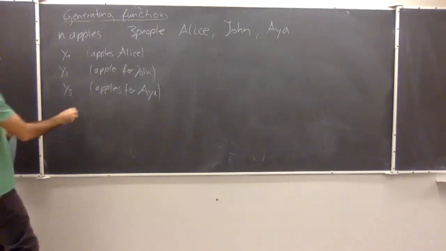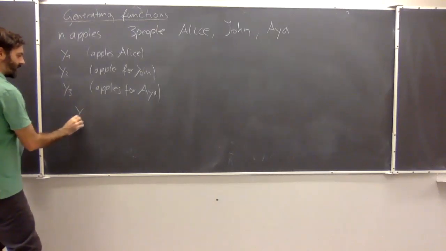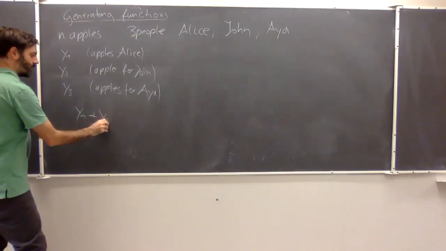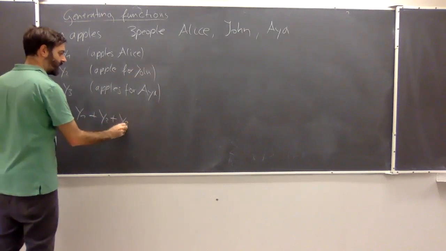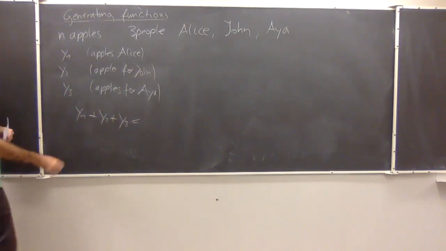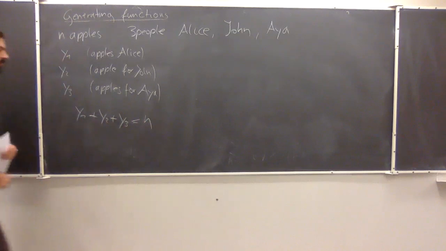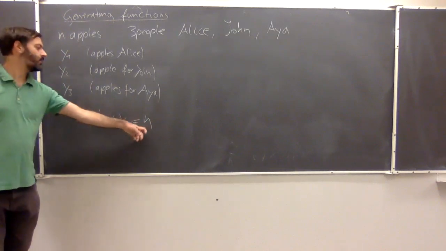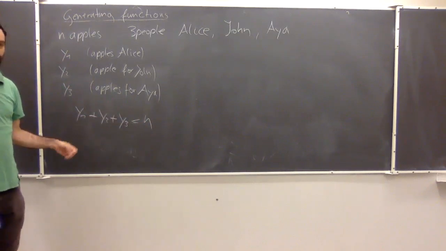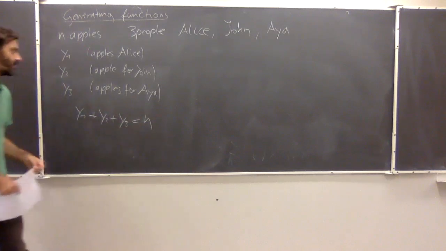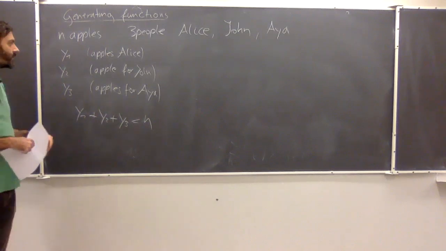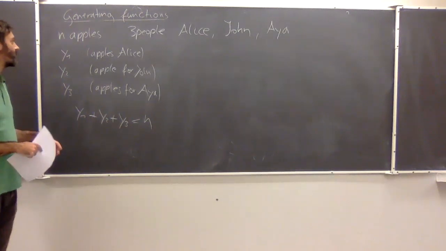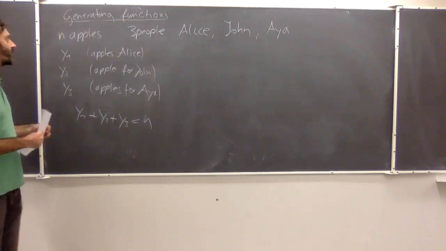And then y1 plus y2 plus y3, you're asking them to add up to n. And for a given n, you could do the trick I did before to find the number of combinations. But I want to show you the same thing with generating functions.